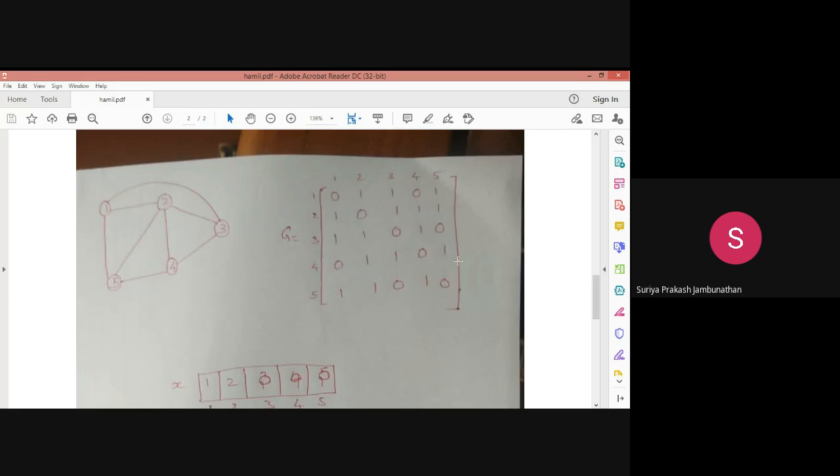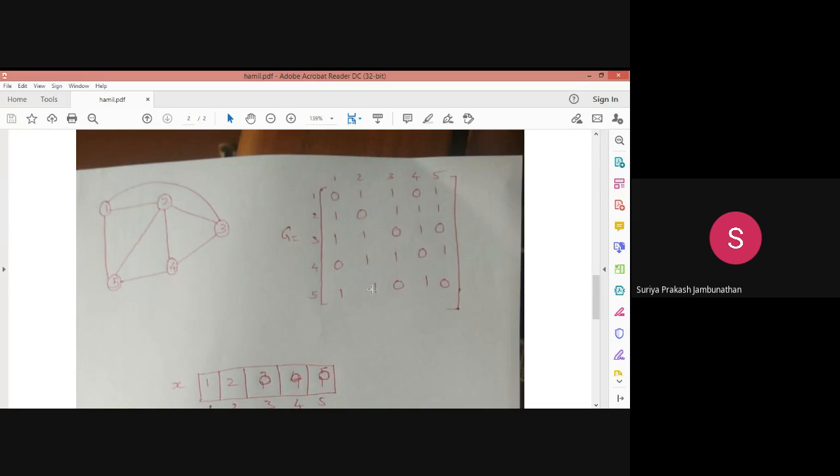The remaining will be 1. For 5, 5 to 1, 5 to 2, 5 to 4 there is connectivity, but we do not have connectivity from 5 to 3 and 5 to 5, so we put 0 here. This is the matrix representation of the given graph.